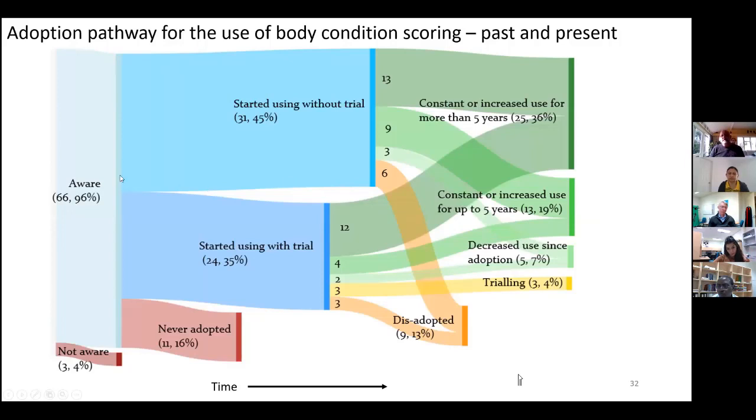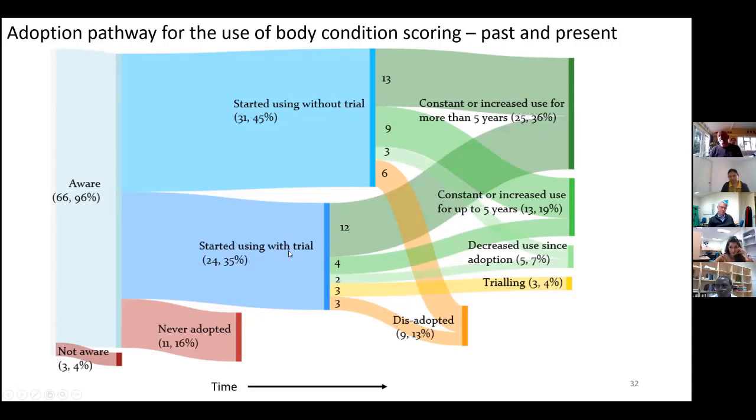Basically what it does is, as I said, from left to right, it takes you from the initial point of awareness. They are not to scale, but the placing of the bars indicates whether the data showed a difference in the speed of adoption while using a trial, or if a trial was not identified.